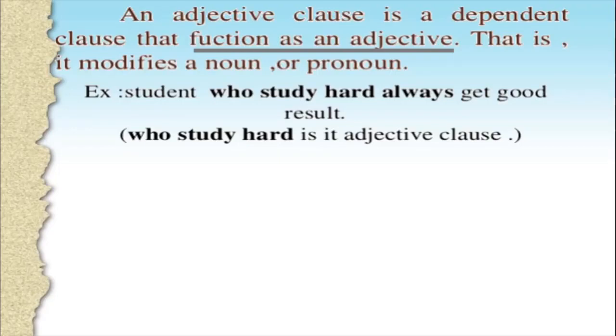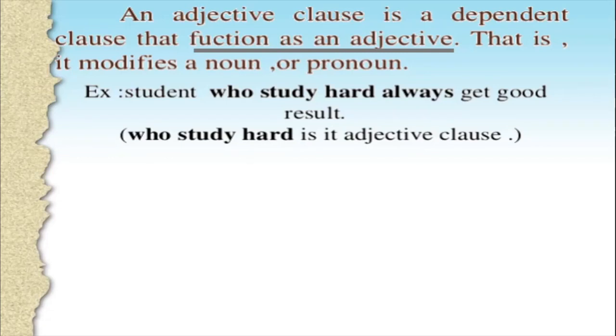So see here, one example: students who study hard always get good results. So which students? Here the noun is students. Students get good results. Which students will get good results? Those students who study hard.